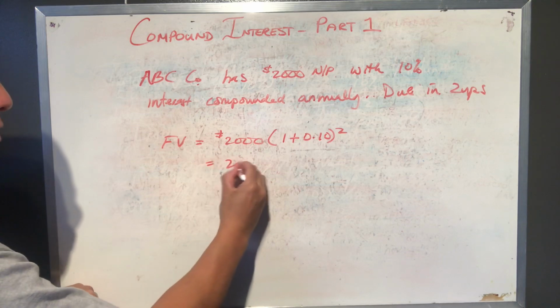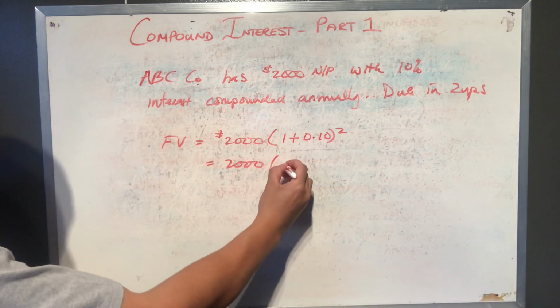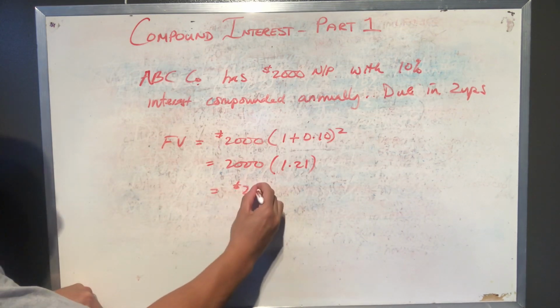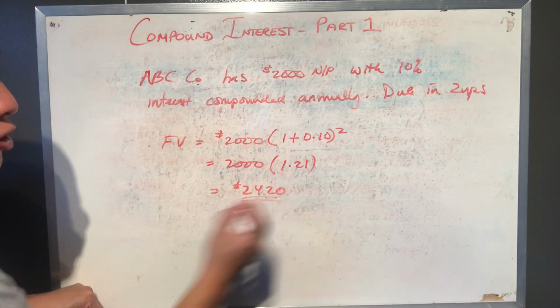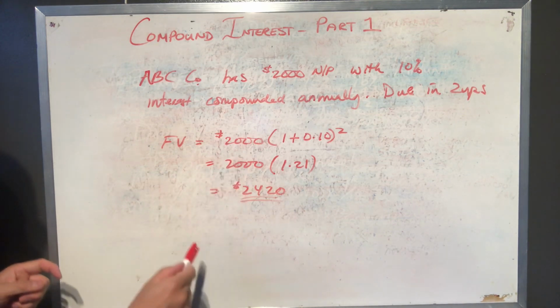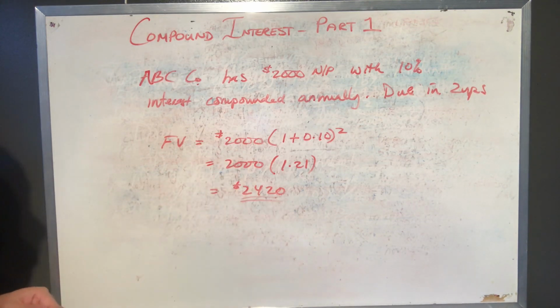So this would yield 2,000 multiplied by 1.21, which is equal to 2,420. So upon maturity in 2 years, the principal of 2,000 plus $420 would be repaid. So 420 in interest.